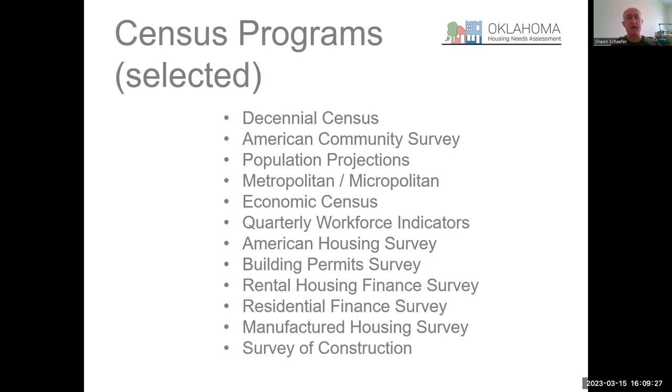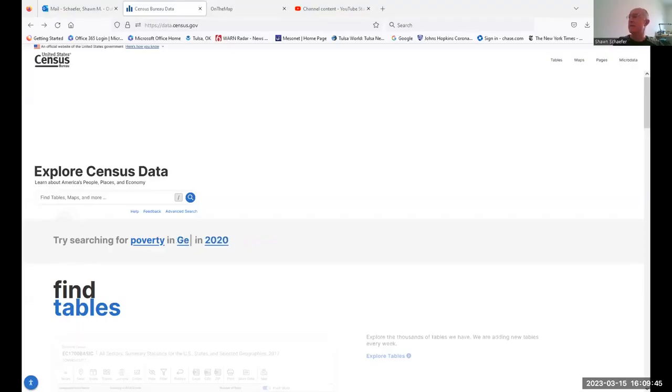So now I'm going to switch my screen share here, and we're going to go over to the census website so I can demonstrate for you how to search for and get some data. The site I'm on is something called data.census.gov.